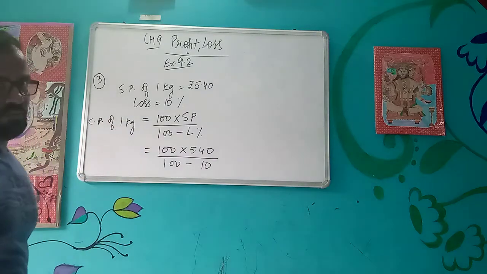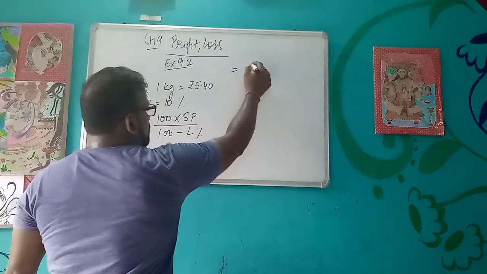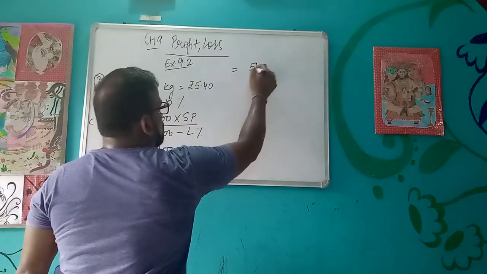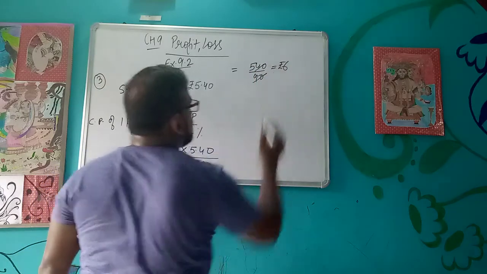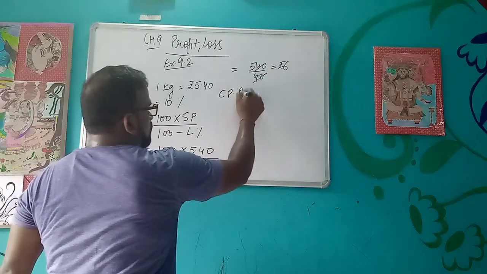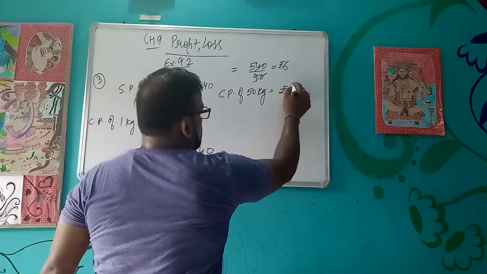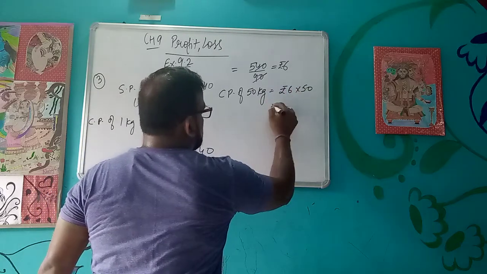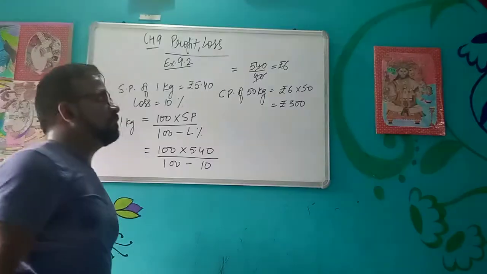Then we will calculate the CP of 50 kg of rice. So when you solve it, you will get 540 upon 90, that is rupees 6 per kg. So what is the CP of the 50 kg bag? 50 kg will be rupees 6 into 50, that is rupees 300. So this will be the cost price of 50 kg.